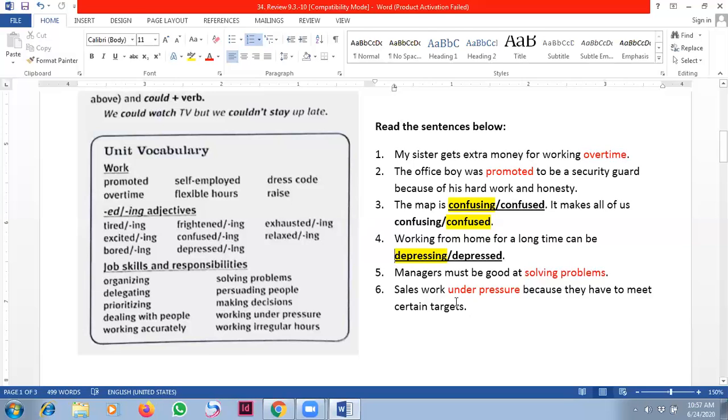Sales people work under pressure because they have to meet certain targets. Under pressure means you have to achieve some kind of goal, and if you don't achieve that goal, then you will probably get your salary cut. Probably you will not get a bonus. You can earn very little if you don't achieve a certain target. So they work under pressure.